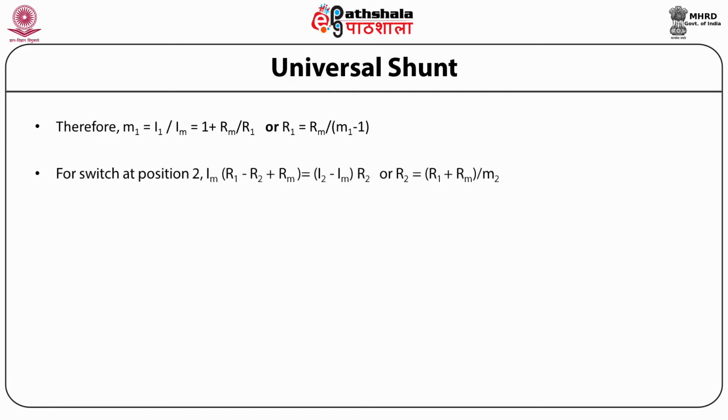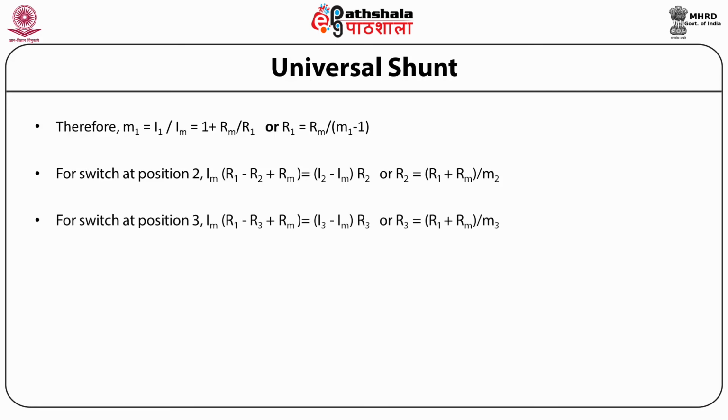For switch at position 2, Im (R1 minus R2 plus Rm) is equal to (I2 minus Im) multiplied by R2, or the final expression for R2 is equal to (R1 plus Rm) divided by M2.